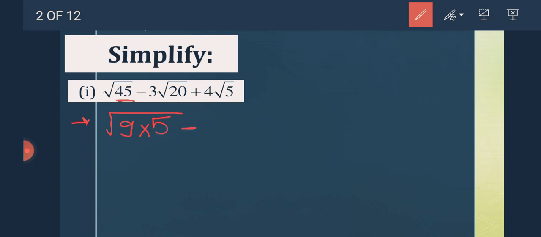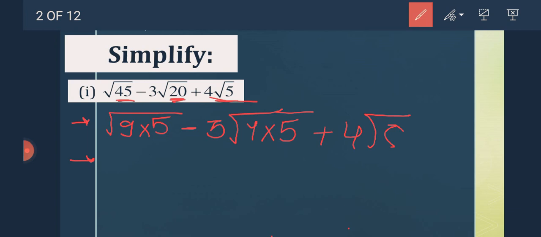So root 9 into root 5 minus 3, and we are also going to simplify 20. So minus 3 root 4 into root 5, then plus 4 root 5.